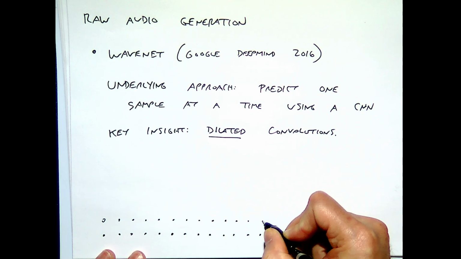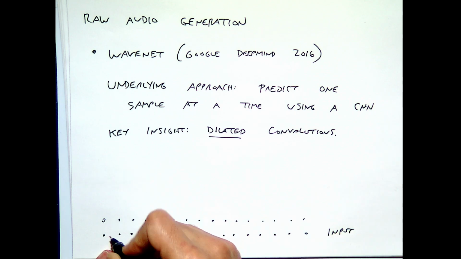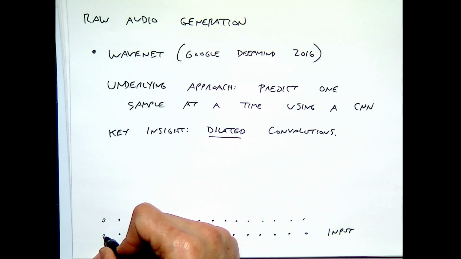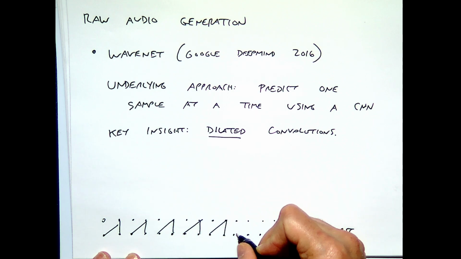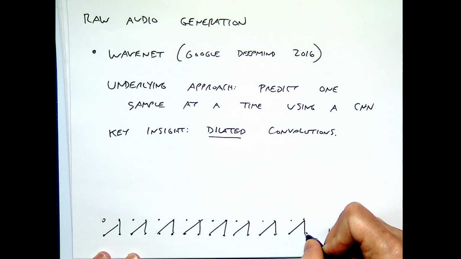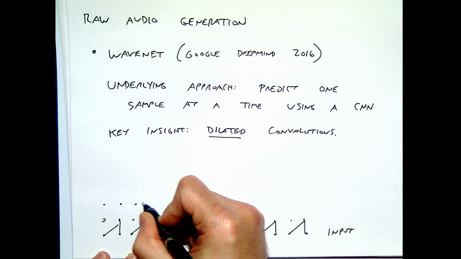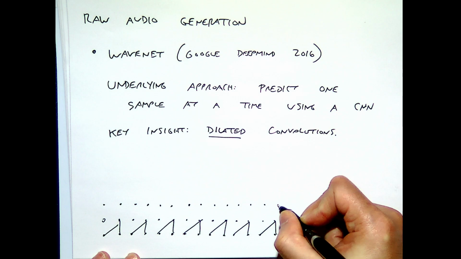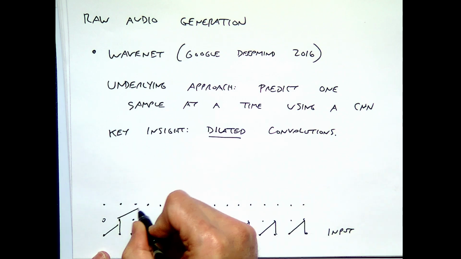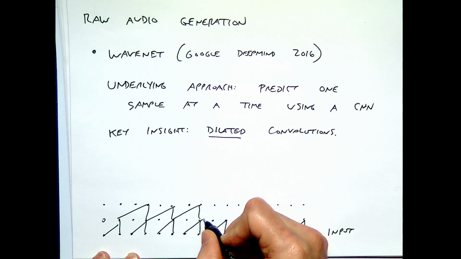And in the first hidden layer, I'm going to just take pairs of these. And in the second hidden layer, I'm going to take pairs of what I created. So now I'm going to make a structure like this.